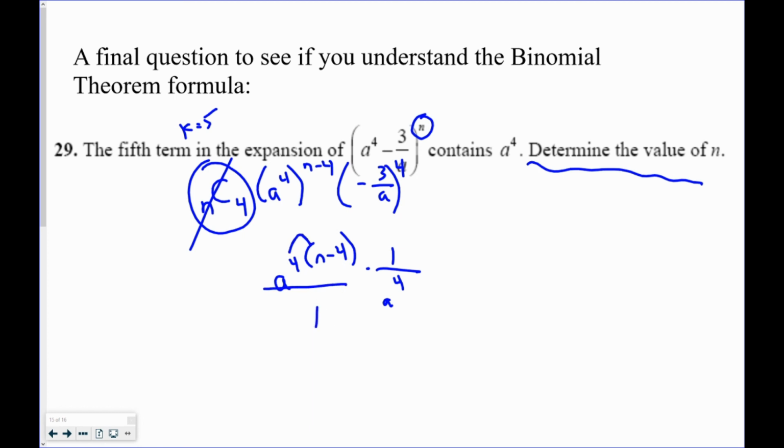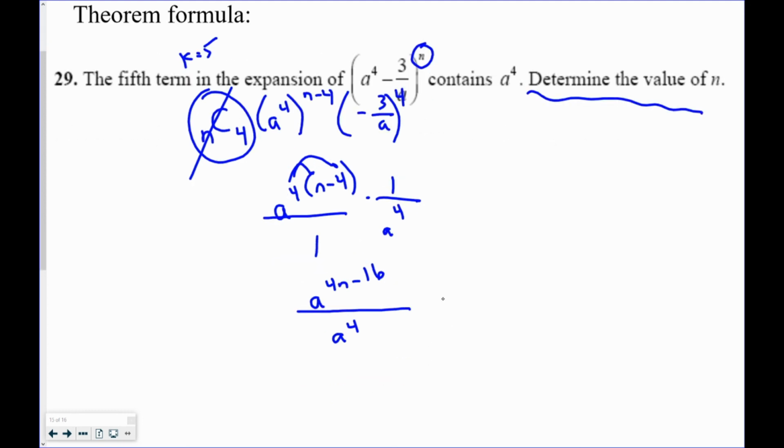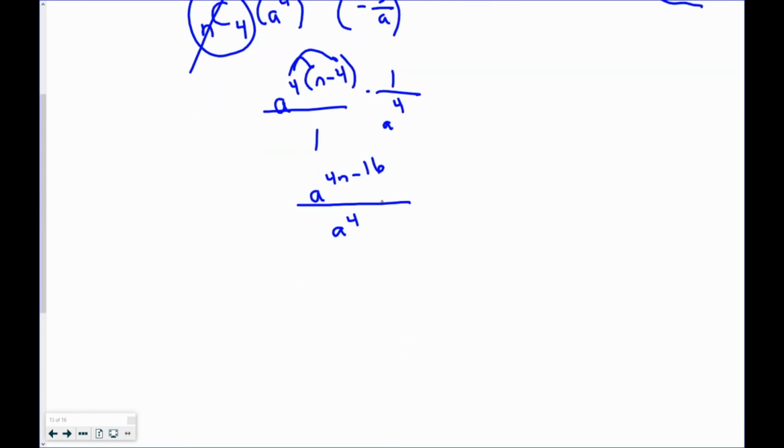If you distribute this in, you're going to get a to the 4n minus 16 divided by a to the 4. What do you do when you have the same base and division? Well, you can write it all as one term as long as you subtract the bottom exponent. So there we go.